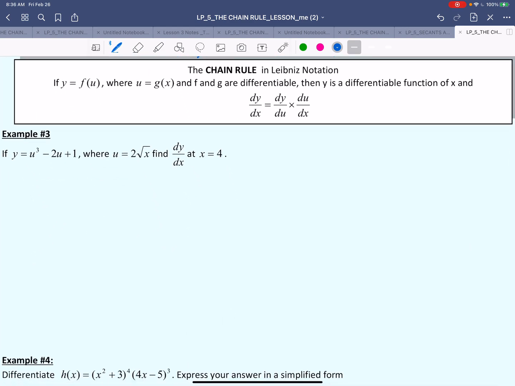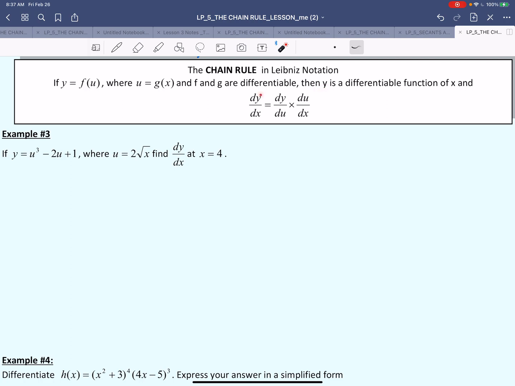Now, we're moving on to how to use the chain rule in Leibniz notation. In Leibniz notation, if we are given a function y that depends on some variable u, where u represents a function, u is g(x), and if both functions f and g are differentiable, then the function y will be differentiable as well.